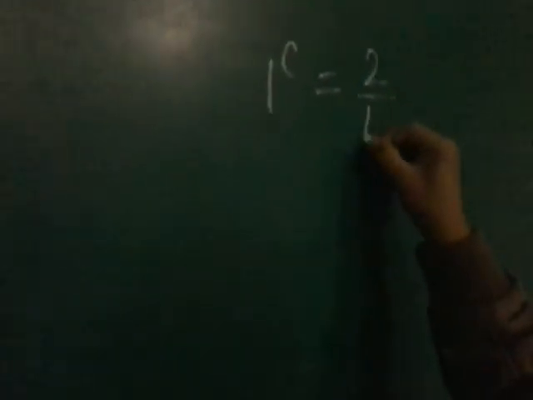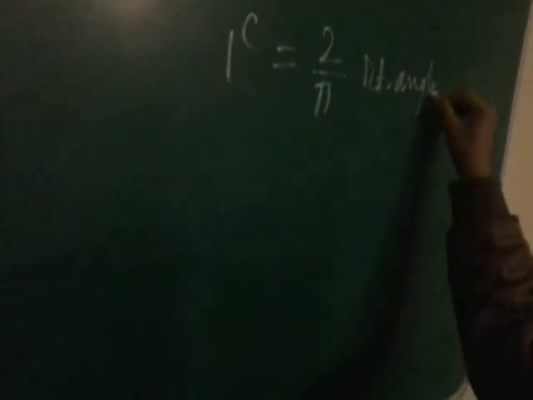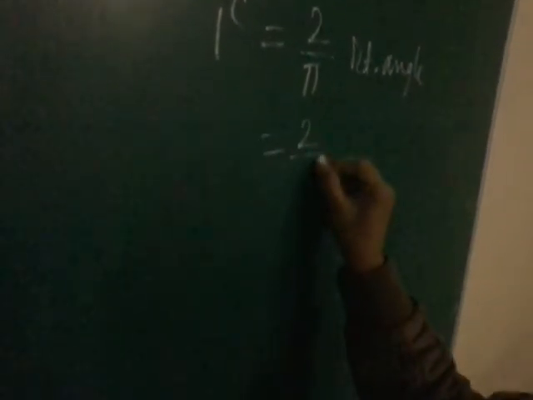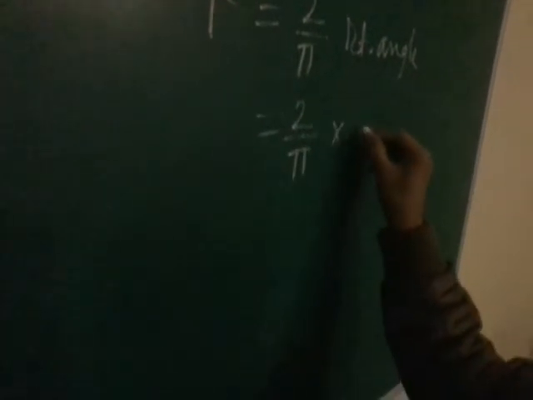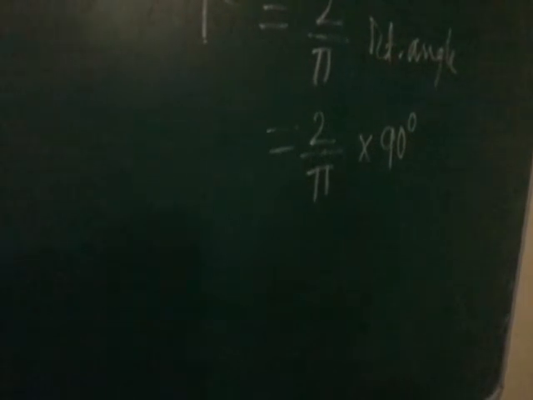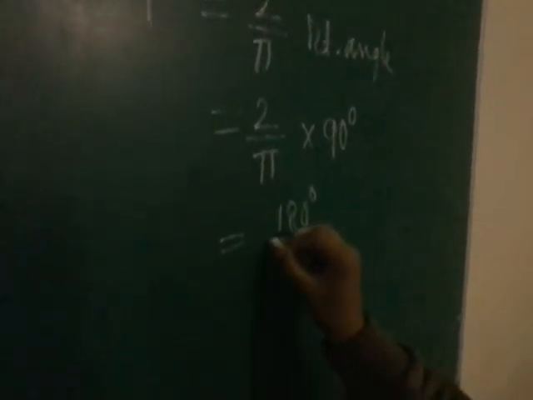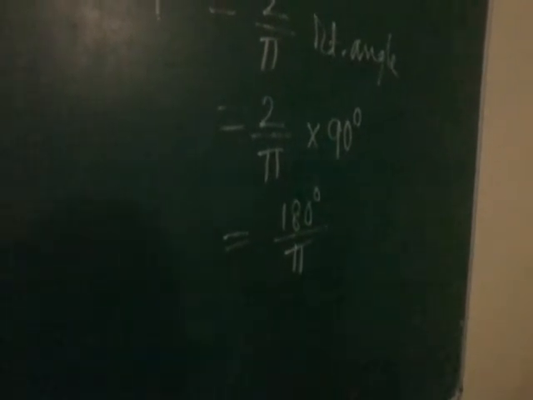First we convert it into degree. One radian is equal to 2 by pi right angle, means 2 by pi times 90 degree. That means 180 degree by pi.